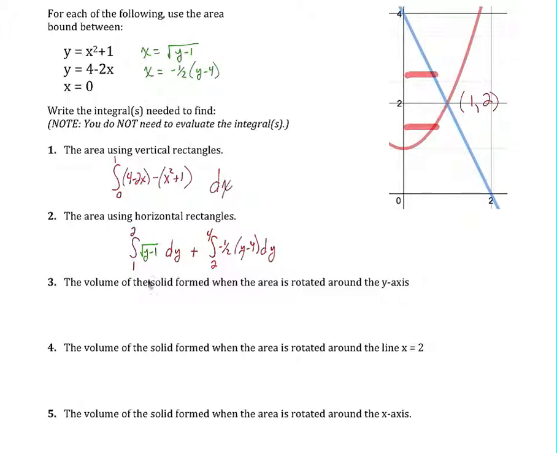Now, if we're going to be looking for the solid when we're rotating this around the y-axis, same problem. We're going to end up needing two integrals, but now instead of talking about a horizontal rectangle, what we're talking about is a horizontal disk. So that disk is going to look, let's see if I can sketch this out.